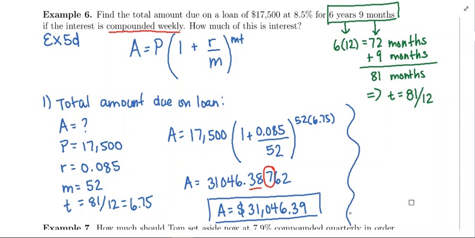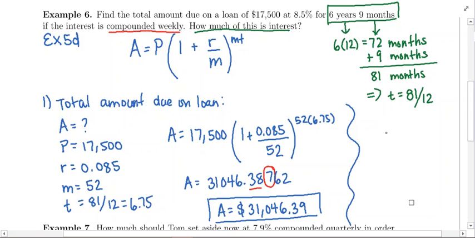The second part of the question says how much of this is interest. We're going to figure that out in just a second. What I need you to keep in mind is that this is not a simple interest problem. Your first thought may have been that interest is principal times rate times time, PRT, what I learned in section 3.1.